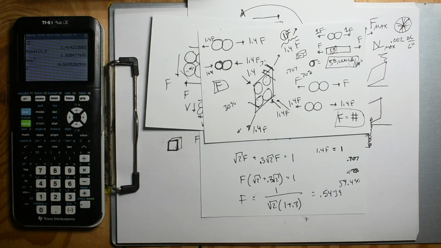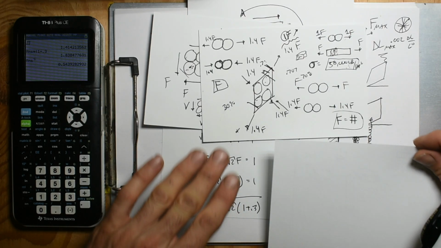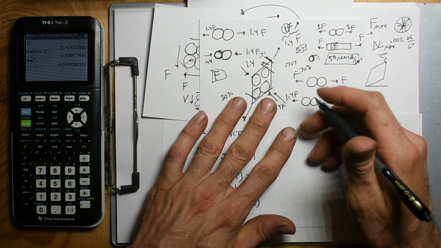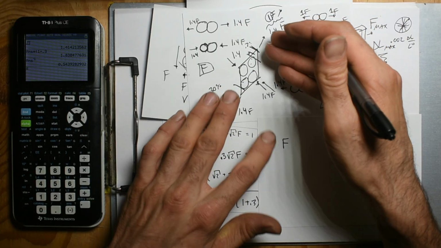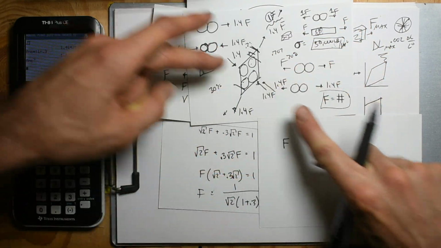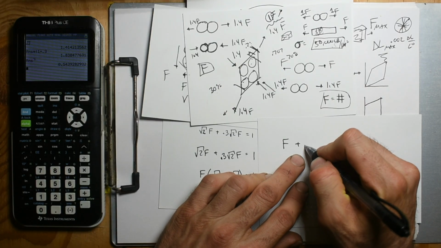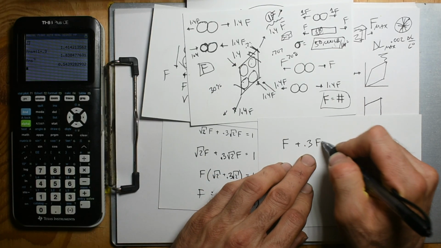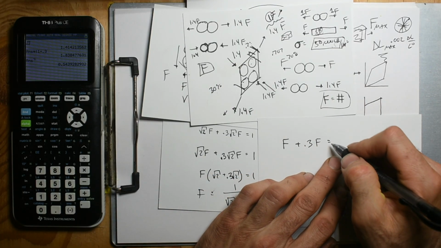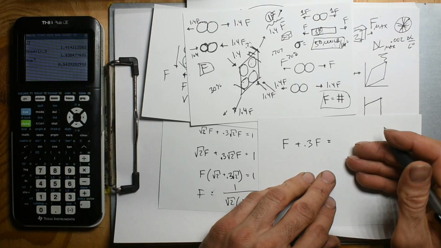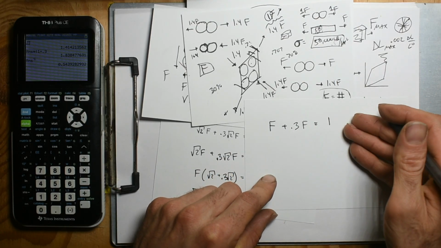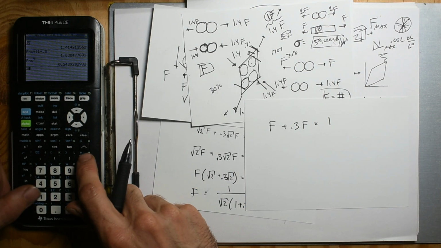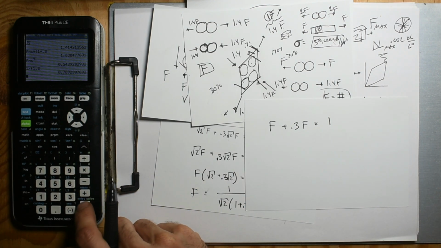And I think where I was messing this equation up is I was just starting with a force of 1. I was saying if I start with a force of 1 in this direction, I'm also having a force of 1 in compression, and I'm going to have 30% of that, and that has to equal 1, and I was getting 1 divided by 1.3.